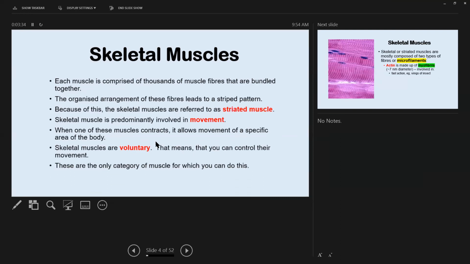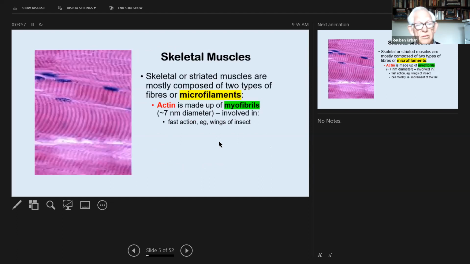The other very important thing about skeletal muscles is they're voluntary. The other types are involuntary, which means you can't control them. These are voluntary, and they move as you want. If you want to move your arm or your finger or your leg, you control it. And as I said, the other two don't do that.